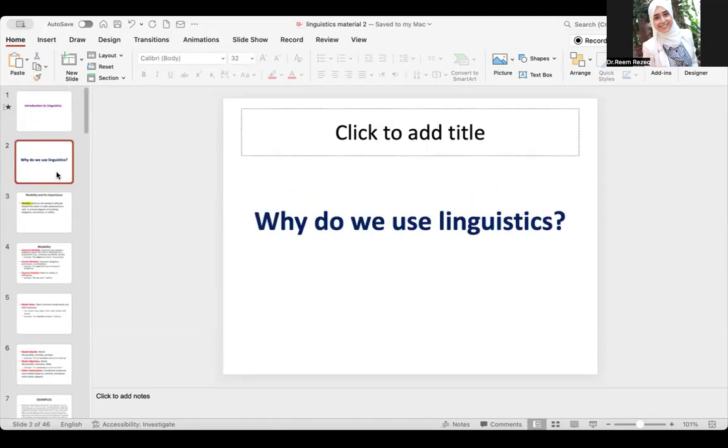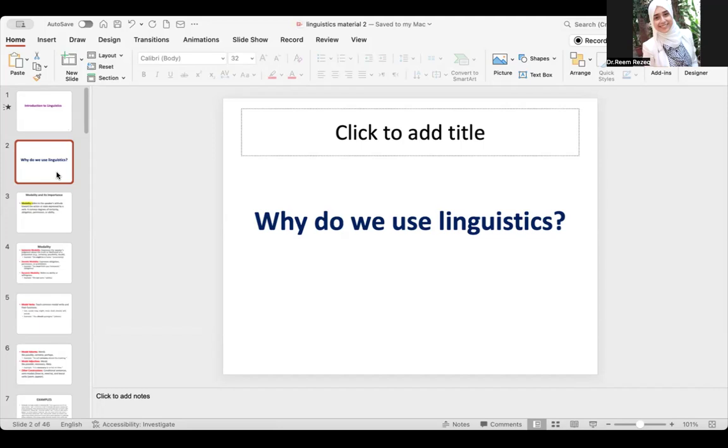So today we're going to talk about linguistics in depth. So why do we use linguistics? So now we're going to do it in the practical part. So now if you're asking yourself, why do we use linguistics? Why is linguistics important? Are there any elements that we have to focus on in this regard?